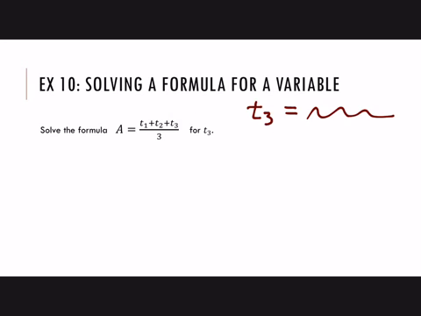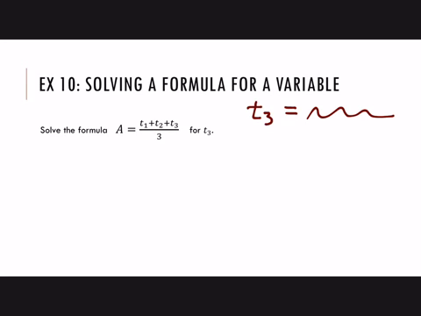Alright, so what do we need to do to get at that T3? Well, there's a couple things that are with it. We have a T1 and a T2 added to it, and we have a 3 that's in the denominator here. Everything's divided by 3.